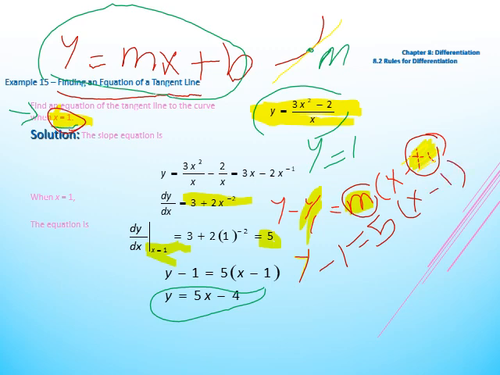Now simplifying, we get y equal to 5x minus 4, and this is the equation of the tangent line to this curve.